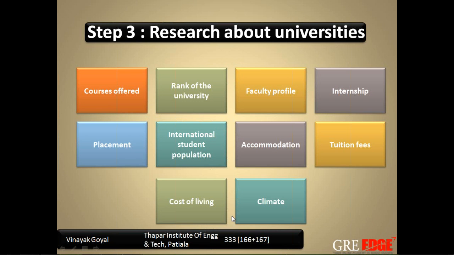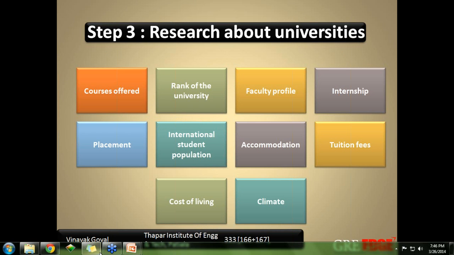So based on that, you should choose your dream university, because climatic conditions are very important to your living, and you'll be spending 1.5 years with that particular university while pursuing your MS. So you should keep in mind the climatic conditions throughout the year at that particular university.